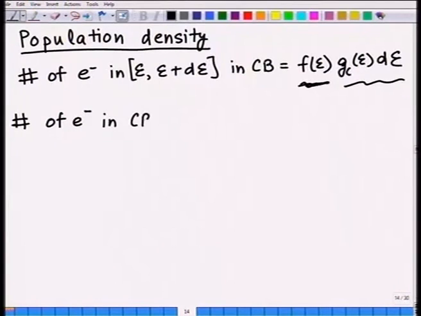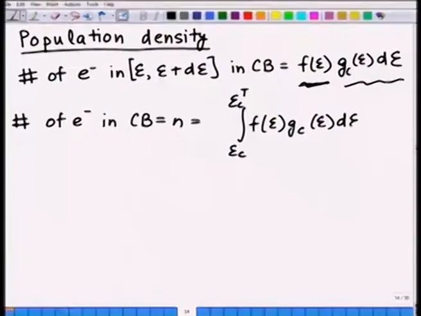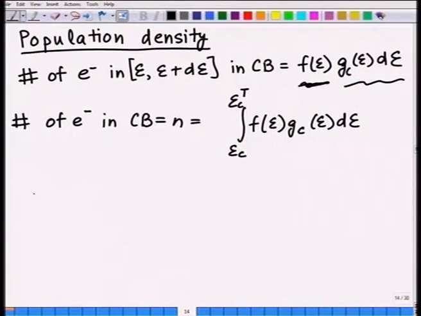Therefore the number of electrons in the conduction band, which we define as n, is simply equal to the integration of this from where? From EC, which is the bottom of the conduction band, to EC top, the top of the conduction band. If you integrate F of E GC of E dE, of course you can raise the objection that I kept saying GC is not valid near EC top, because at that point the density of states should become 0, yet the expression we are going to use keeps increasing.